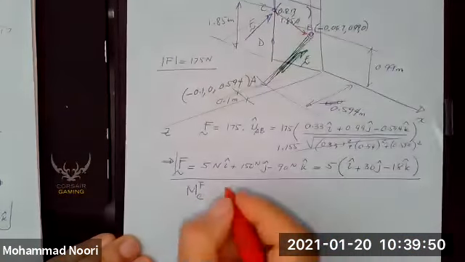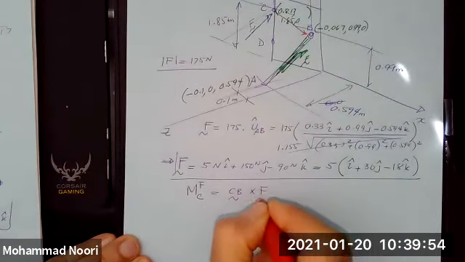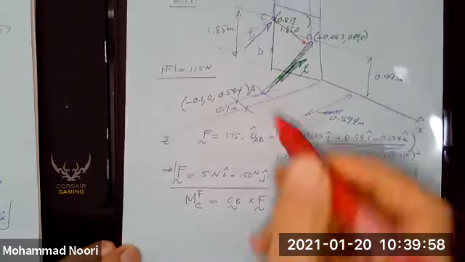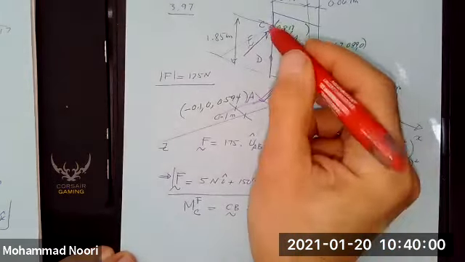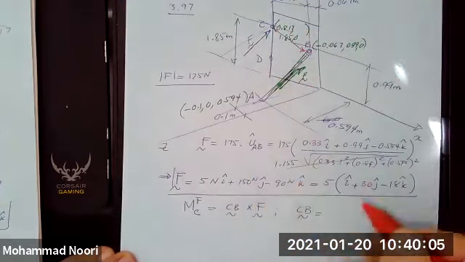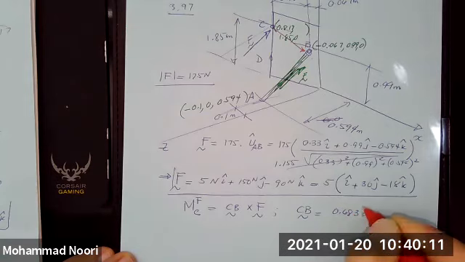So I write that as CB cross F. But what is CB? Tip minus tail. If you subtract these respective values, you find this to be 0.683 I minus 0.86 J.